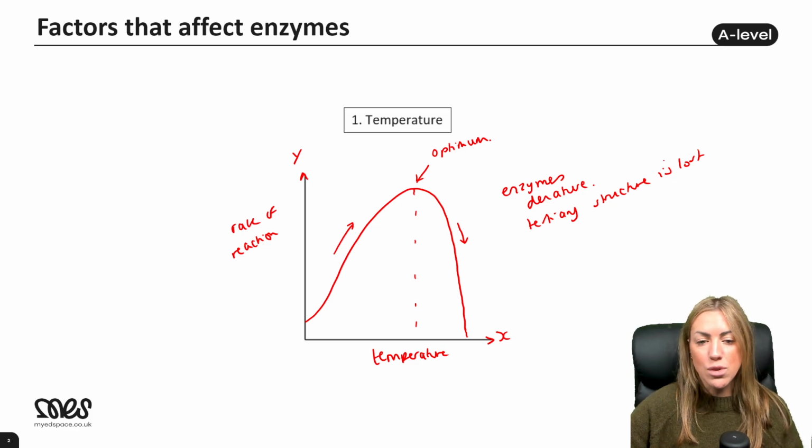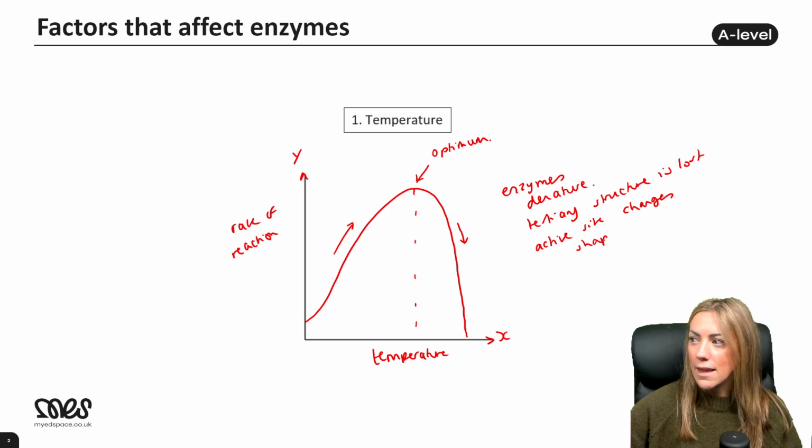So hydrogen bonds will start to break, ionic bonds will start to break, and the tertiary structure will be lost. The active site changes shape. And obviously what that means is it's no longer complementary to the substrate. And if it's no longer complementary to the substrate, then enzyme substrate complexes cannot form.